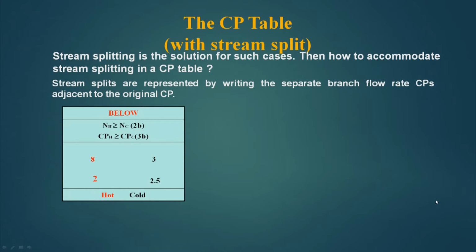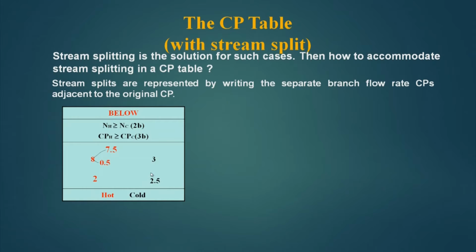Now, if we want to split the stream which has got a CP value of 8, we will write down the adjacent CPs 7.5 and 0.5 here with a line like this. So, it shows that now 8 is split into 2 streams, out of which one stream has a CP of 7.5 and the other stream has got a CP of 0.5.